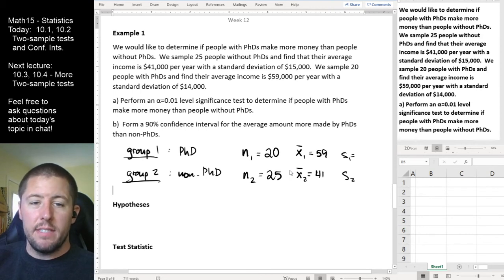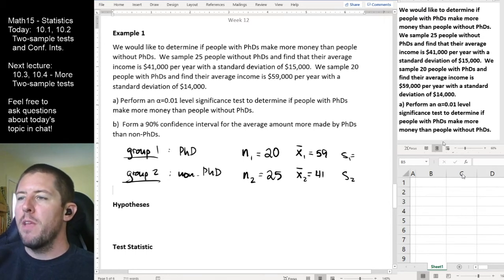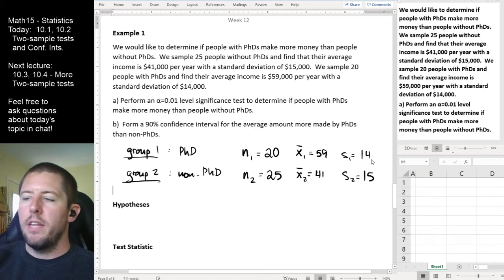And that's good for us because we don't want to have to compute that degree of freedom term for the t distribution that we saw up above. So it looks like 15,000 is the standard deviation for the grouping without PhDs, and 14,000 is the standard deviation for the group with PhDs right there.